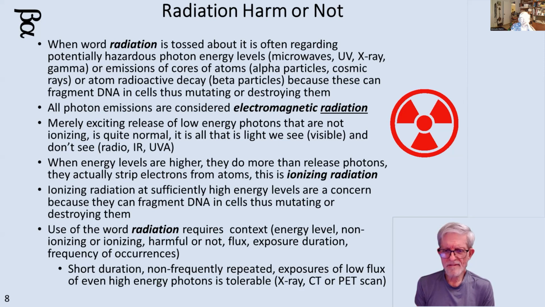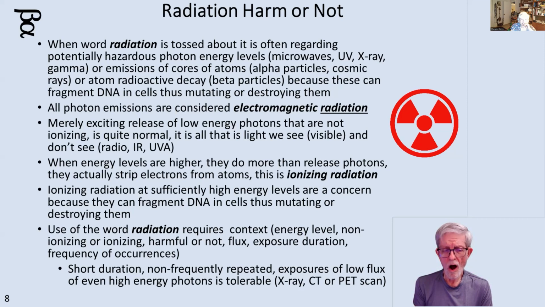But strangely enough, they also call radiation, not electromagnetic radiation, but particle radiation, the emission of cores of atoms, alpha particles, cosmic rays, or atomic radioactive decay, beta particles, because these are large enough, moving fast enough, and are energetic in that they can fragment DNA in cells and either mutate cells or destroy them.